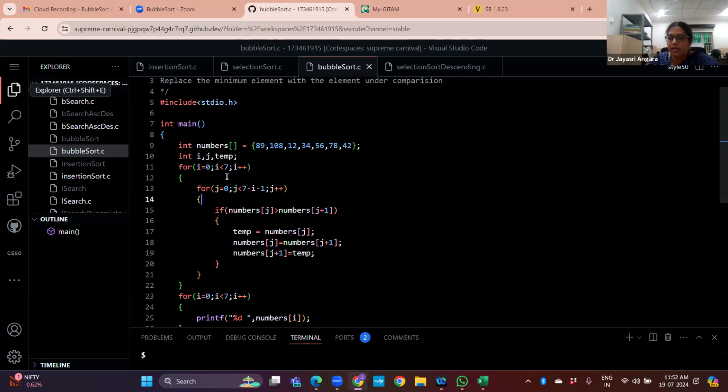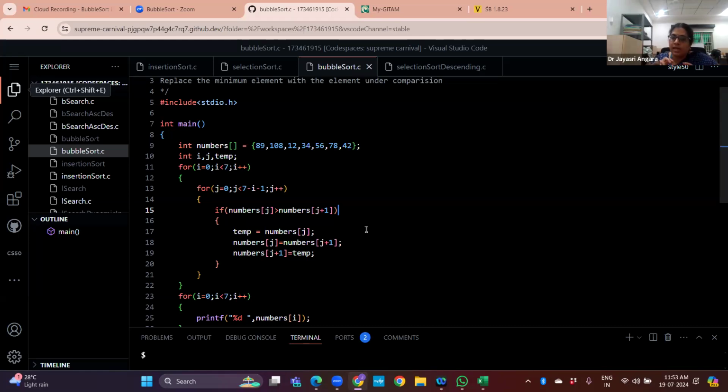And once we reach the inner for loop, what are we doing? We are comparing every time the 0th element with the first element, with the second element, with the third element. Likewise, the jth element is compared with the (j plus 1)th element. That is the if condition I wrote here. If the jth element is greater than the (j plus 1)th element, in case of ascending order, we need to swap.